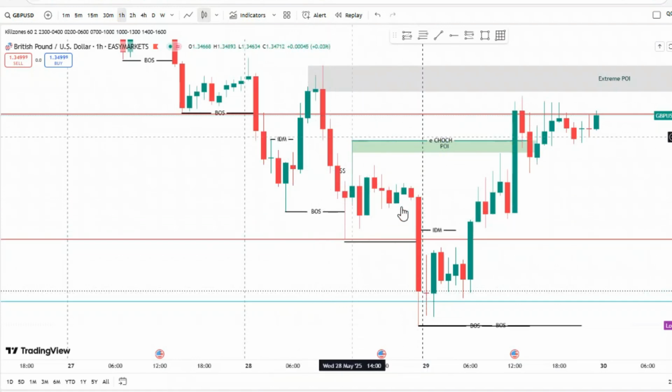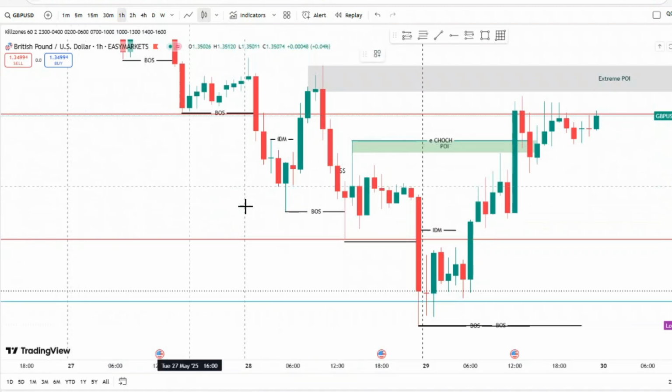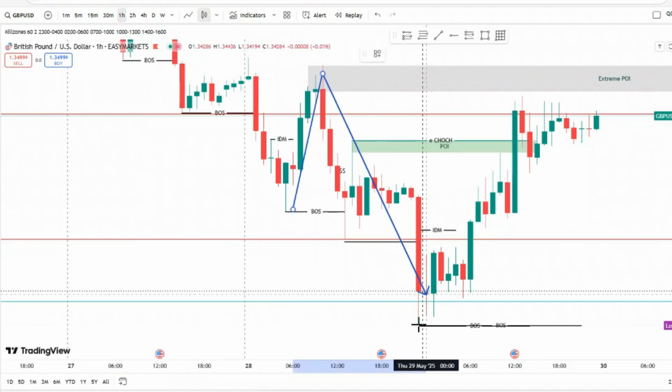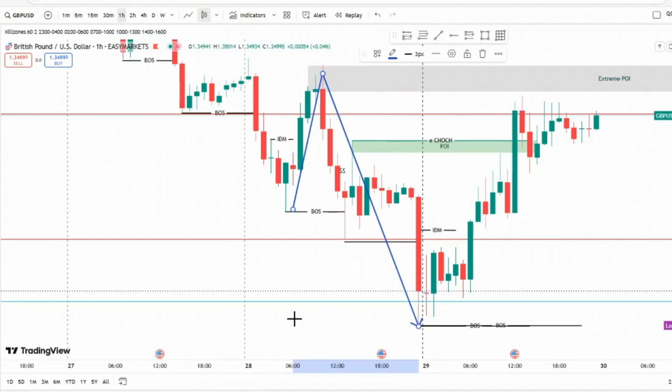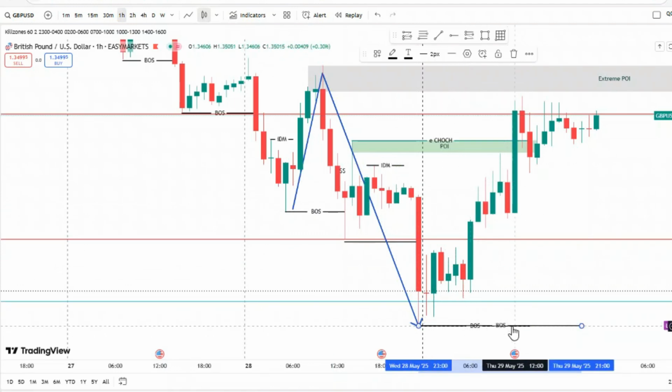But this leg down closed below this low, making this first movement a valid break of structure. So we can say that the price moved up like this, and this whole movement down here is one leg. All right. So we can see that from here to here is one leg, and then price being able to take out this high, this pullback has secured this place to be a valid break of structure.